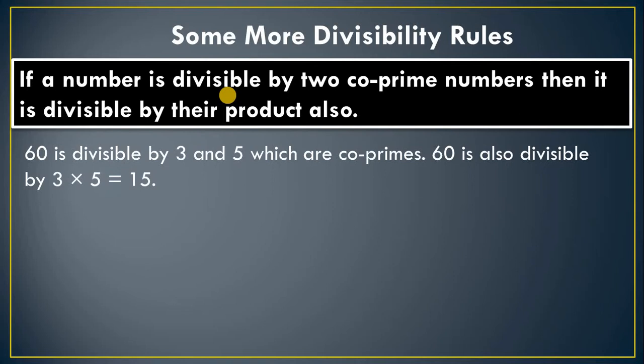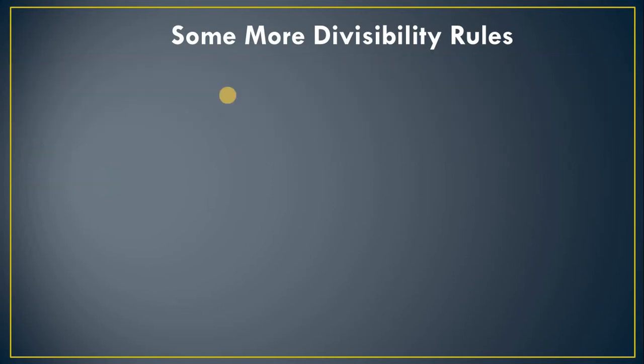So 60 is also divisible by the product of the co-prime numbers, 3 into 5 is 15. So 60 is divisible by 15.